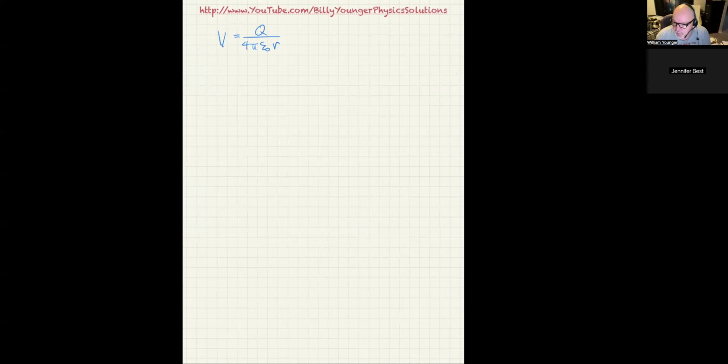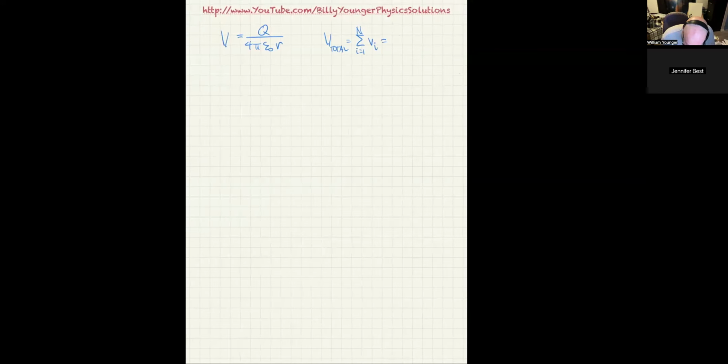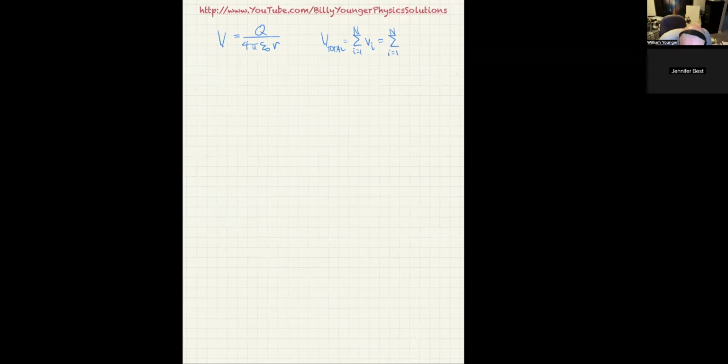If you had multiple charges, then you could say V total would equal the summation from i equals 1 to n, where there are n charges, of V sub i. You'd have to make sure that you're all talking about the voltage at a particular point that we all agree on. So we're going to take the summation from i equals 1 to big N of 1 over 4 pi epsilon naught.